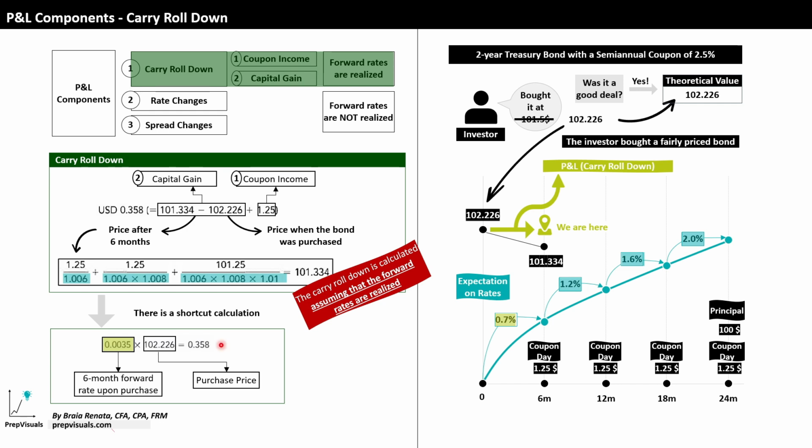So as you can observe, this calculation leads to the very same result as this calculation over here. However, it's important to understand that this shortcut calculation is only applicable if the bond is fairly priced. If the bond is not fairly priced, this shortcut calculation is not applicable.